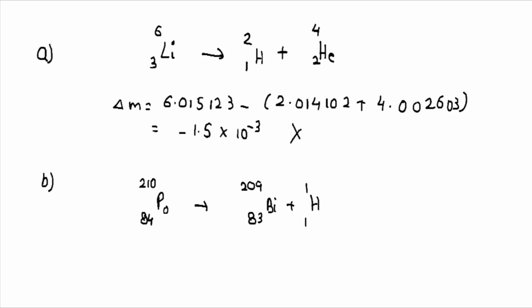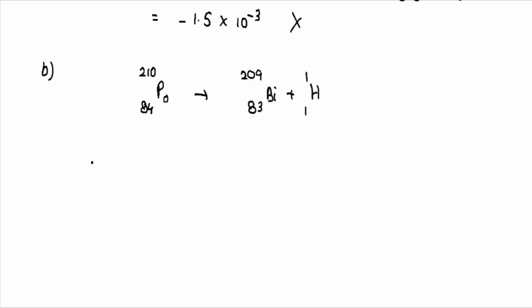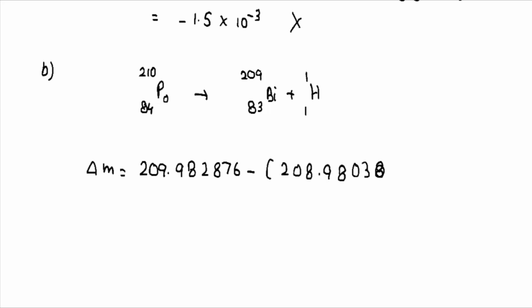Now again, in the similar case, we take the difference between the mass of the reactant and the mass of the products. So it would be 209.982876 minus the masses of these, whose values are given in the above table: 208.980388 plus the mass of this proton, 1H1, which is 1.007825.